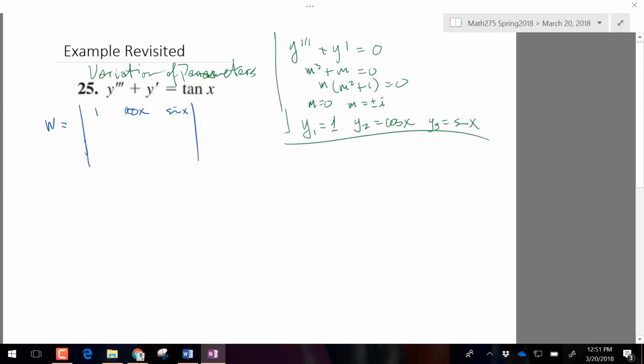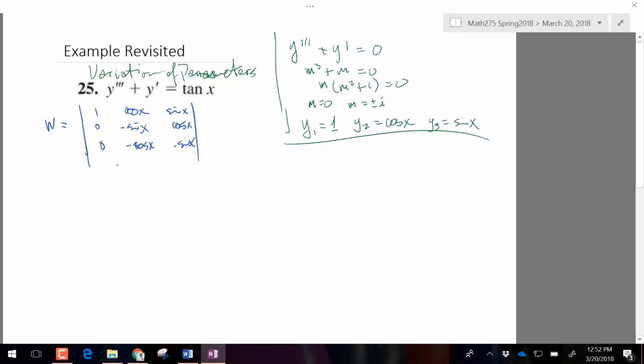And we're going to involve the third derivative here. This is a third order differential equation after all. So the derivatives of constants are just going to be zeros. The derivative of cosine is negative sine, and then one more derivative is back to negative cosine.